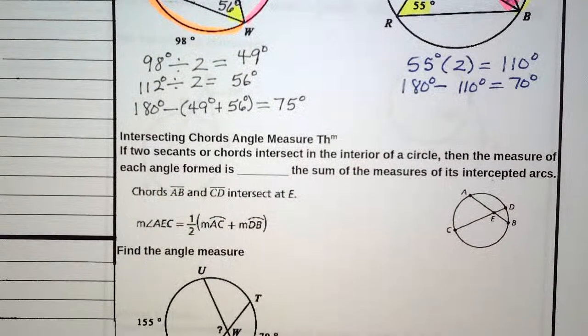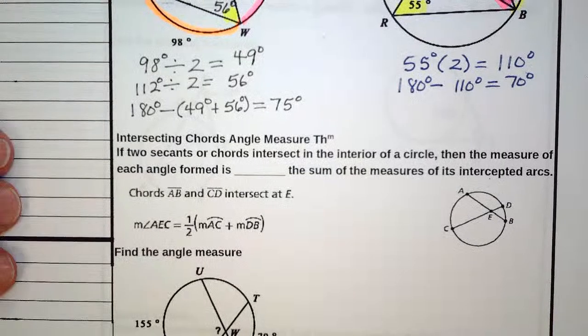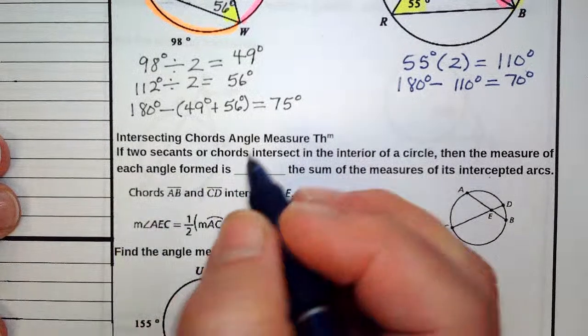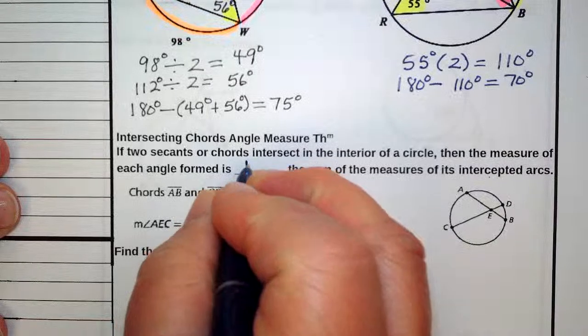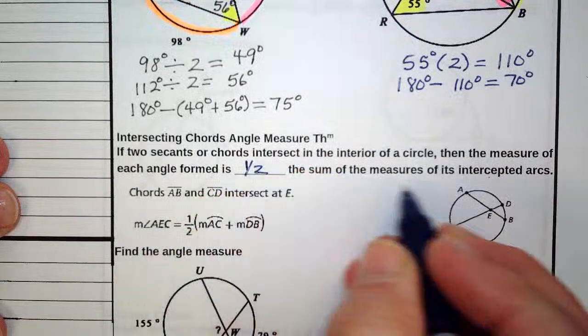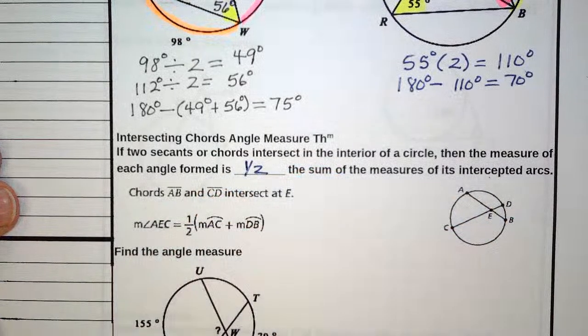Now the intersecting chords angle measure theorem. If two secants or chords intersect inside, in the interior of the circle, then the measure of each angle formed is 1/2 the sum of the measures of its intercepted arcs.